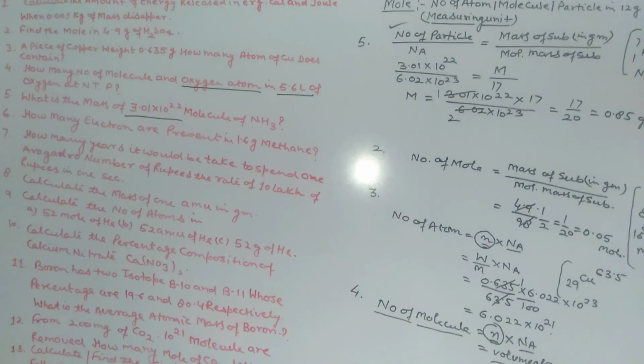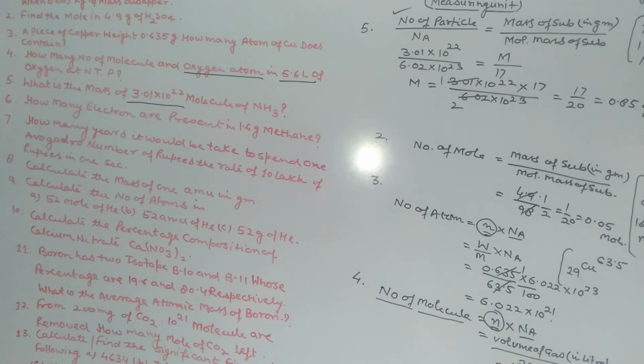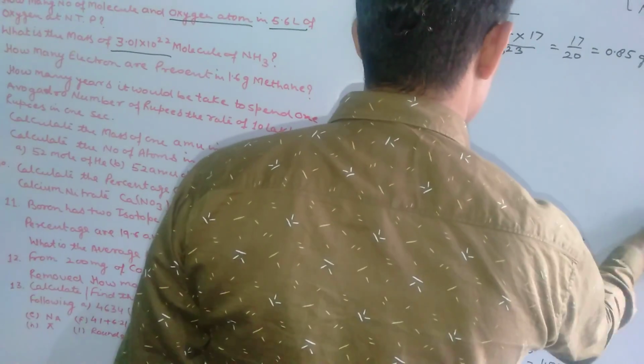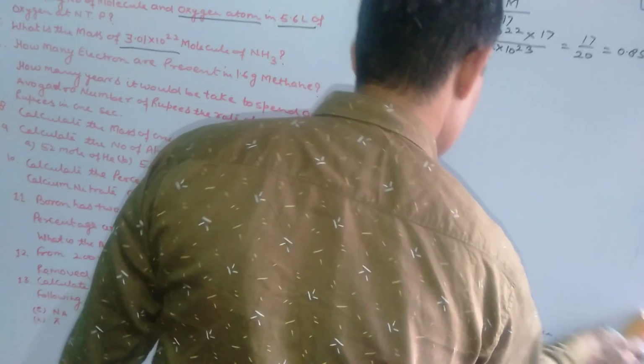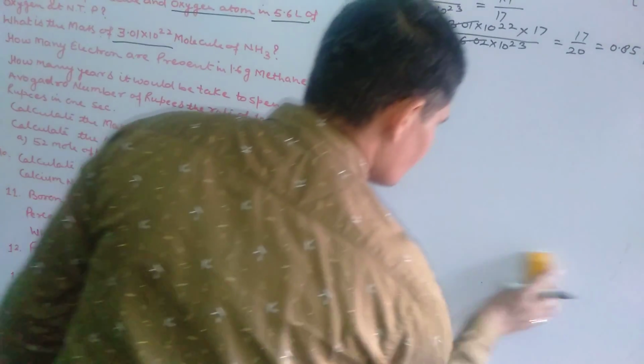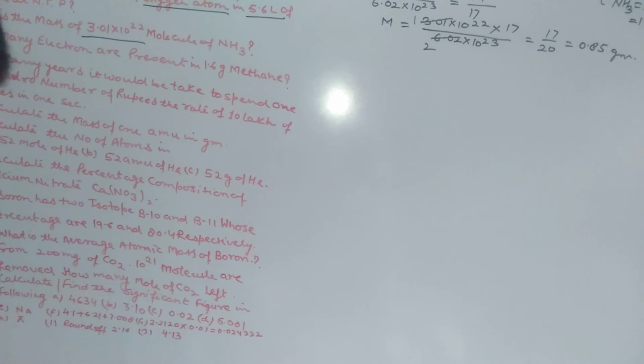Next one, the question is 6. How many electrons are present in 1.6 gram of methane?